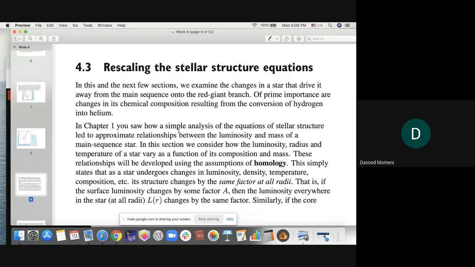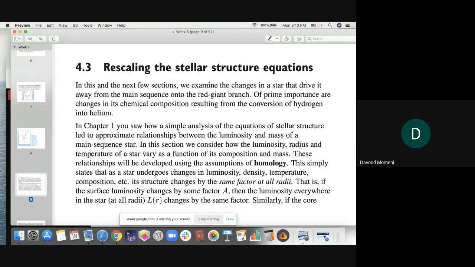Scaling helps us actually to see what happens in the stellar equations when a change in a star happens and when it goes to the red giant branch.